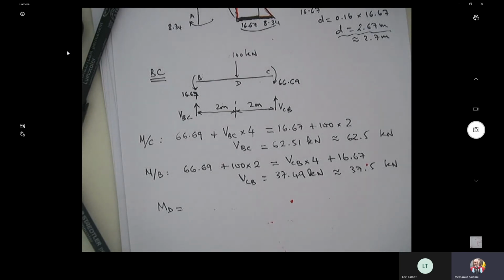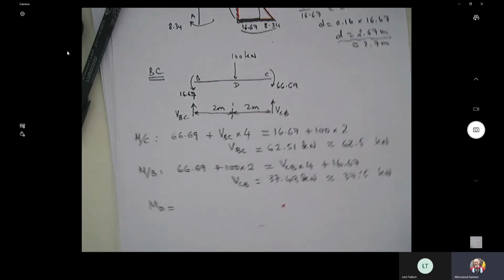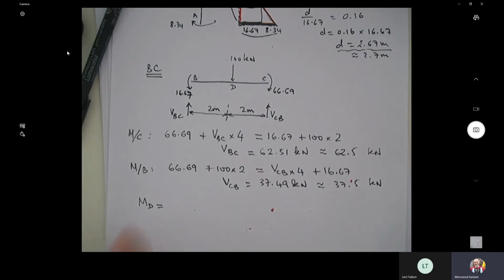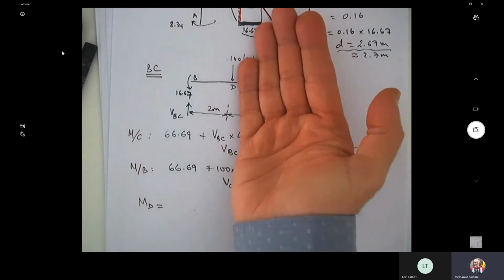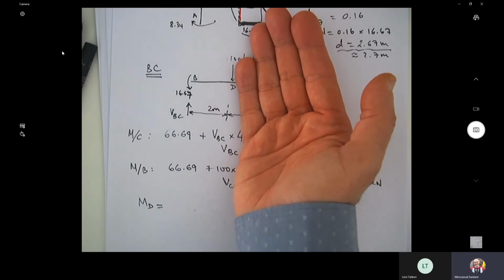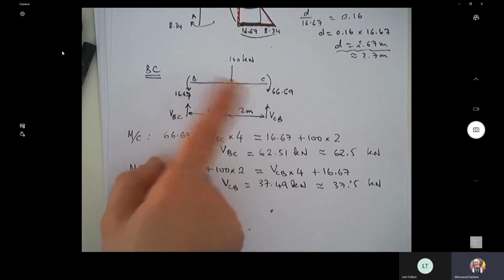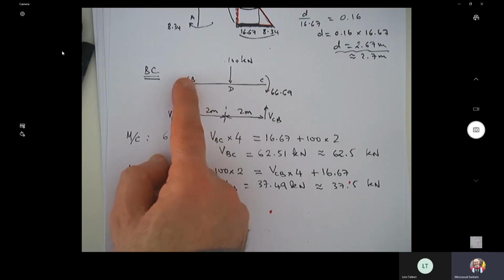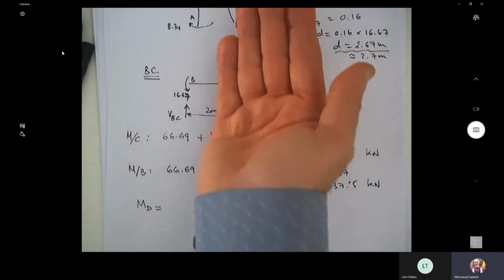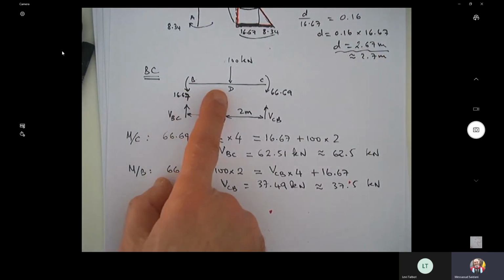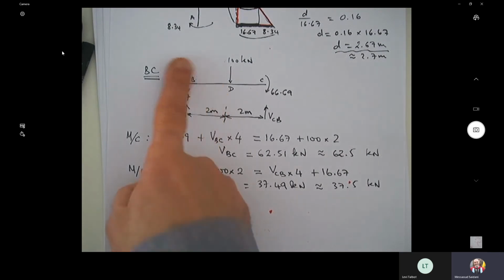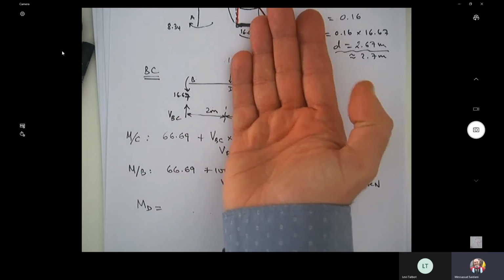Okay, I think we're going to start, please, because it's still recording. So MD. You can calculate MD from the left side or the right side. It doesn't matter. You get exactly the same answer. You can try it. If you calculate the moment at D from the left side here, what is the bending moment at D?